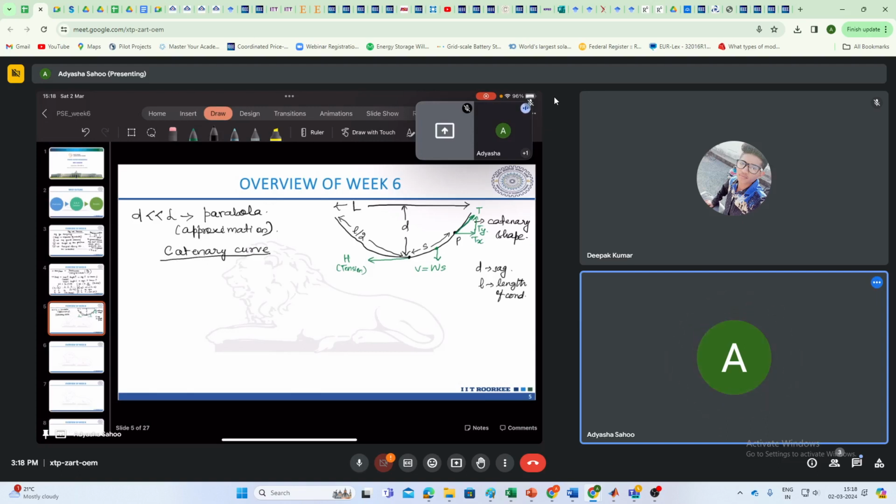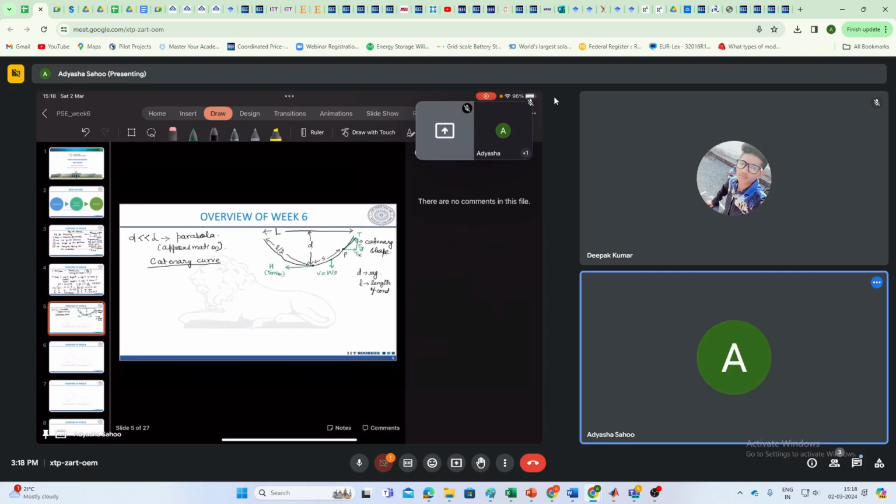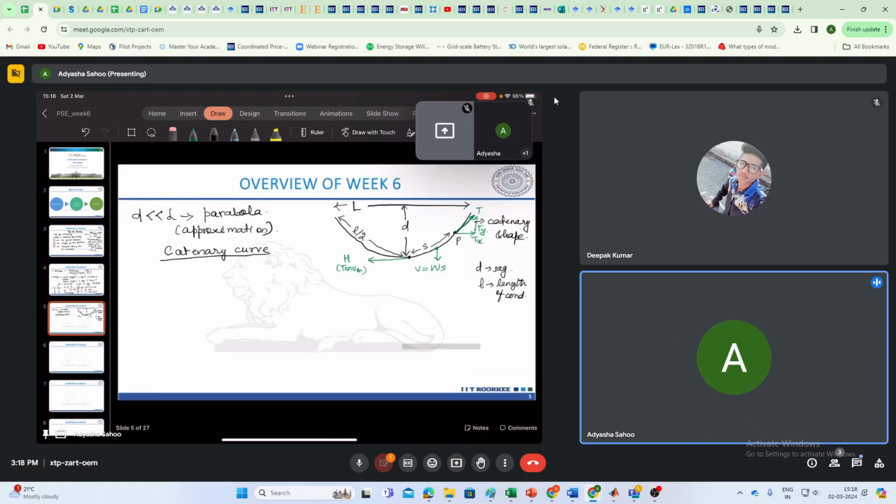Firstly, we consider a small length ds here, right? If I magnify it, ds along the length of the conductor, this is ds. We can break down ds into its vertical and horizontal components, dx and dy, and they are at an angle of theta.